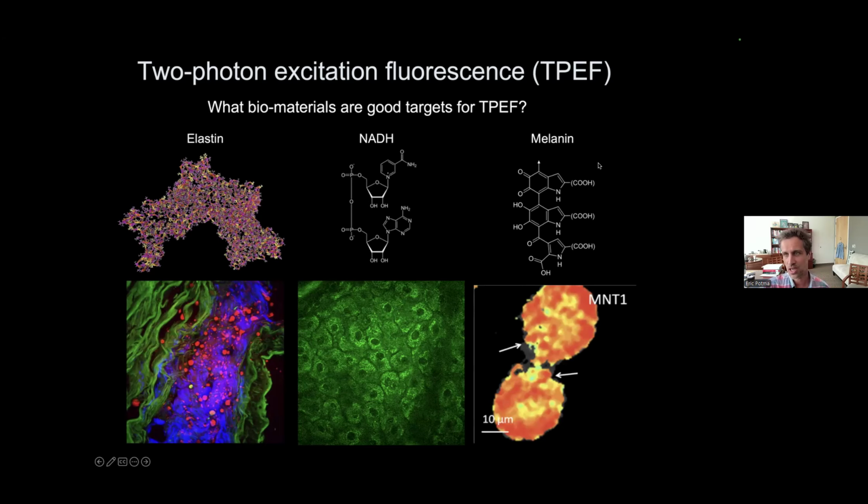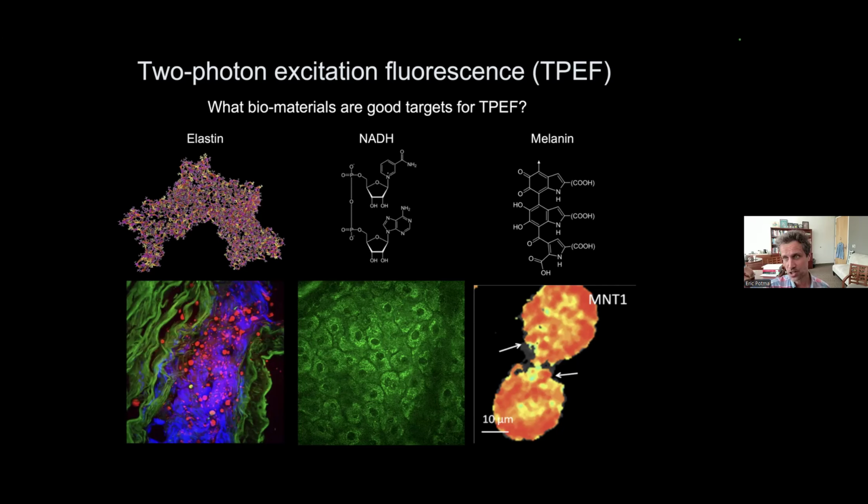Melanin, of course, is a very strong absorber. It's actually a pretty bad emitter, but interestingly, if you do two-photon excitation, you actually reach levels that are somewhat better coupled to the emitting state of melanin, and so therefore two-photon excited fluorescence in melanin is actually not that bad, even though one-photon excited fluorescence of melanin is pretty bad.